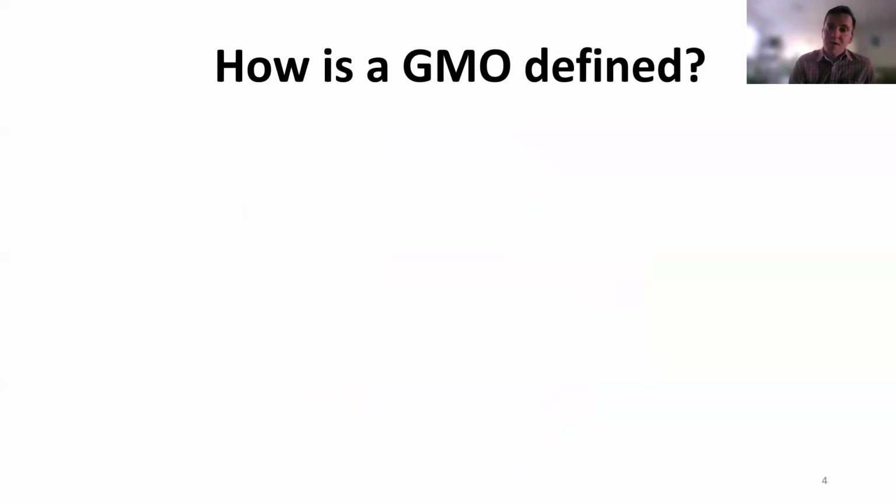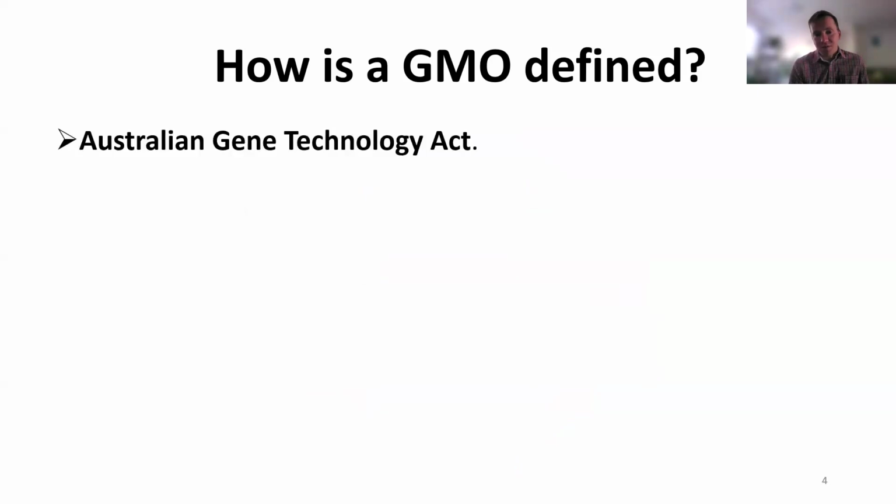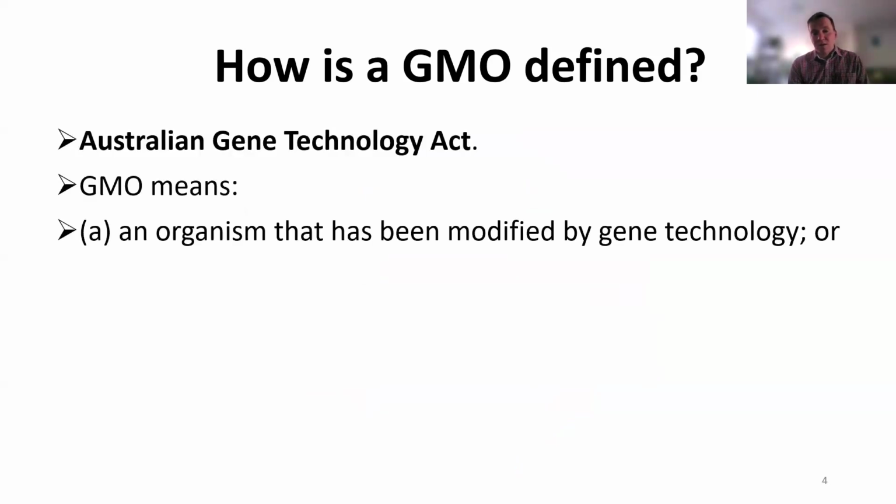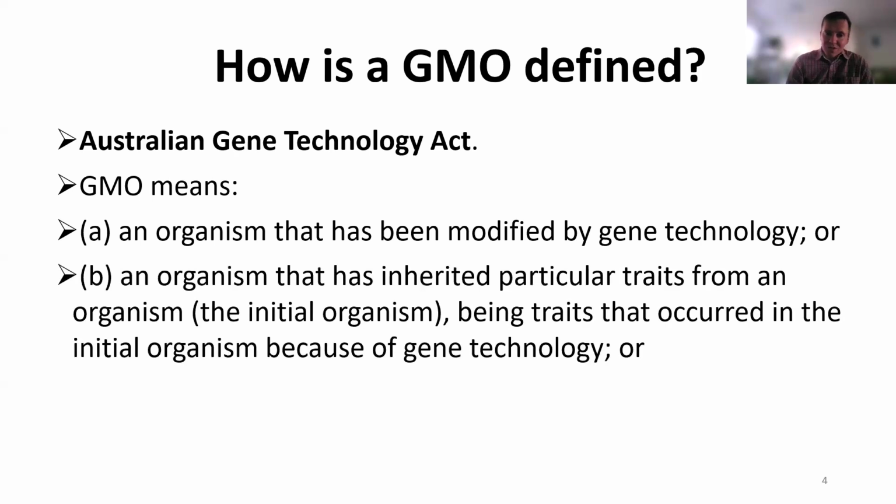So the definitions of GMOs. Let's start with the Australian Gene Technology Act, which defines GMO in different ways. So it's not just an organism that has been modified by gene technology.